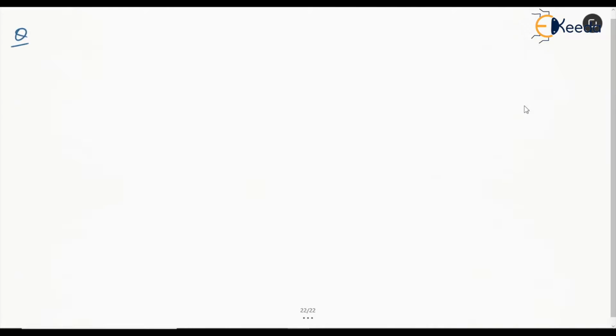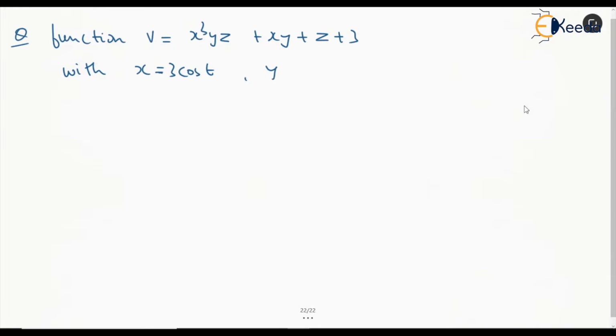So it says that there is a function v equal to x cube yz plus xy plus z plus 3, with x equal to 3 cos t, y equal to 3 sin t, and z equal to 2t.